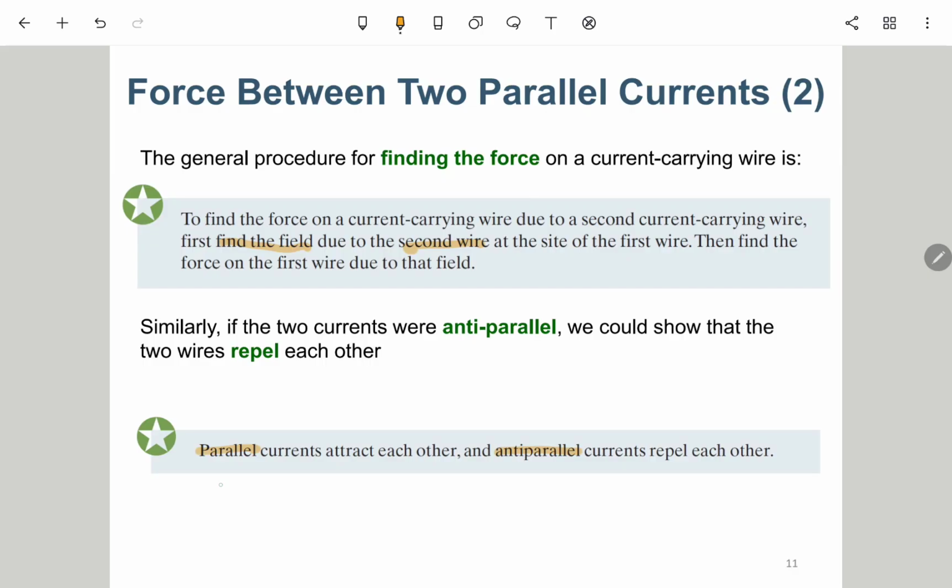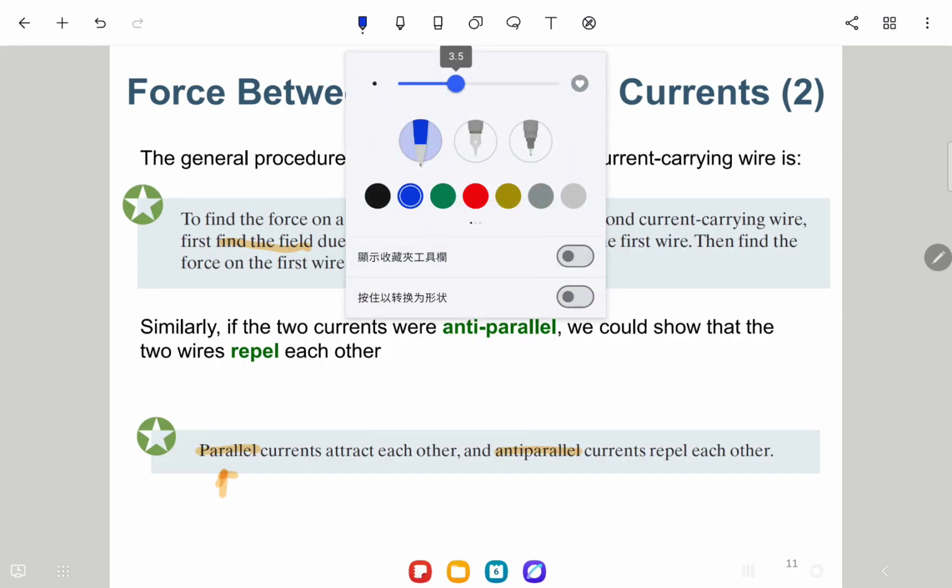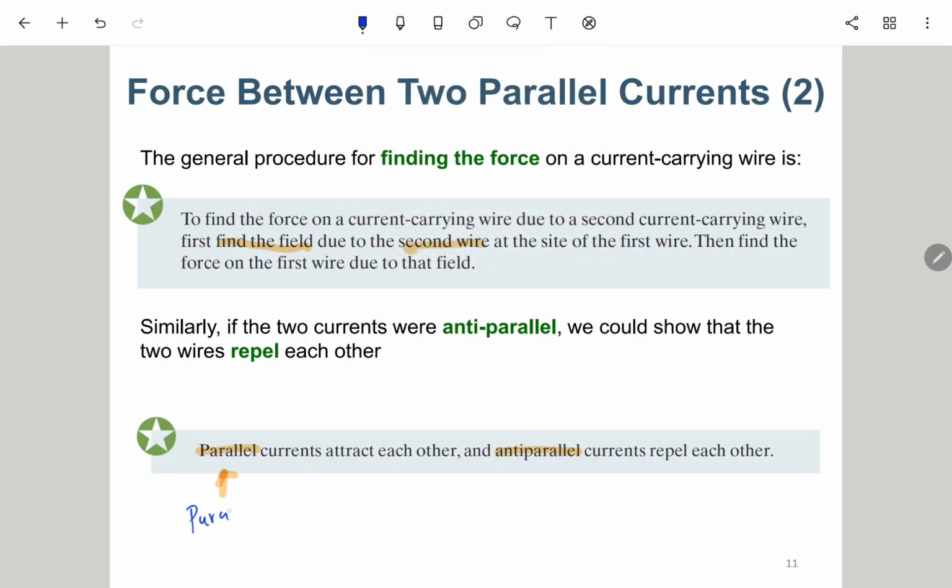So this is both parallel, currents in the same direction. This means that the currents are parallel and in opposite directions.